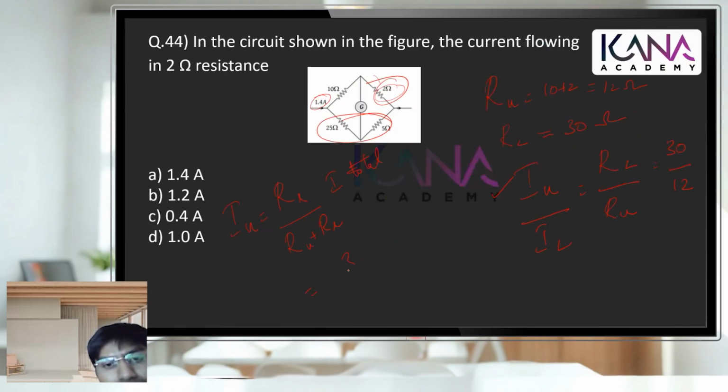So it is 30 by (12 plus 30) times 1.4, which is 30 by 42 times 1.4, equal to 1 amp.